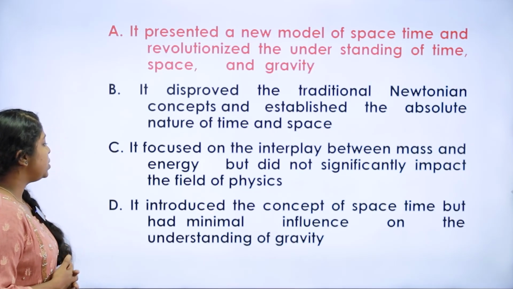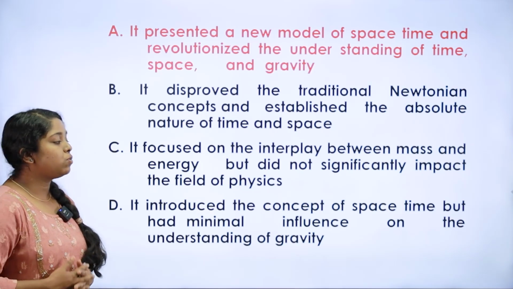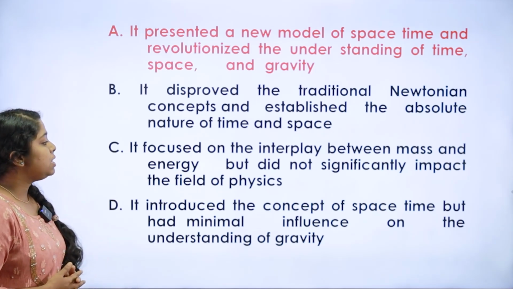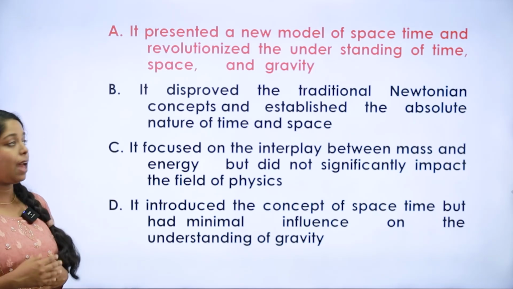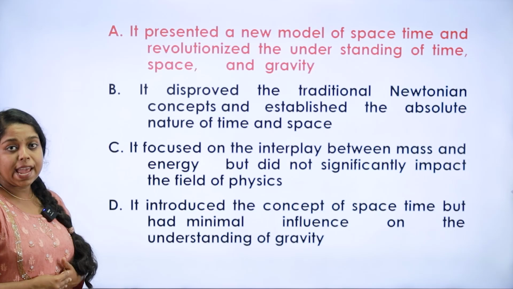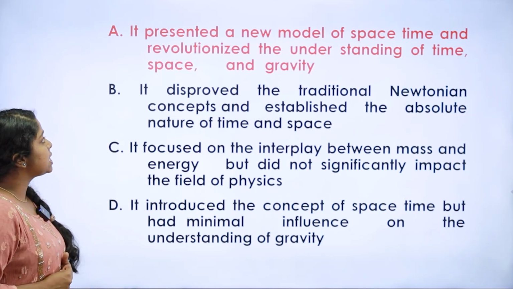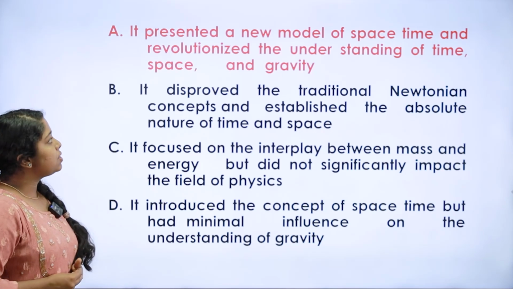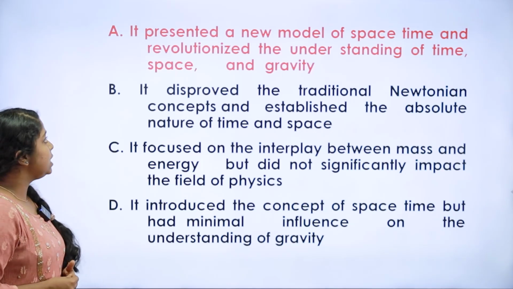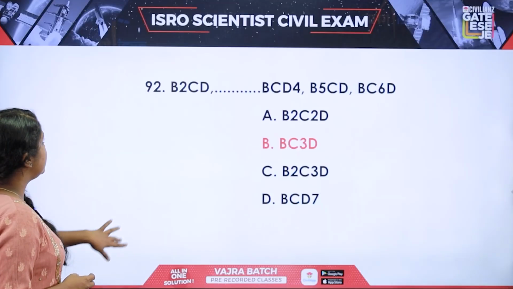The fourth option is that it introduced the concept of space-time but has minimal influence on the understanding of gravity. From this, option A is the most right answer because it presented a new model of space-time and revolutionized the understanding of time, space and gravity. So option A is the right answer.